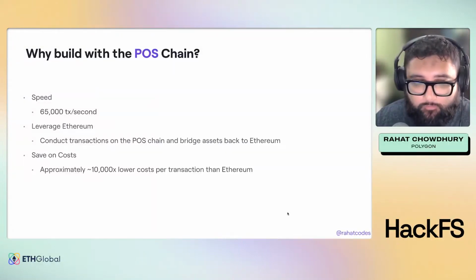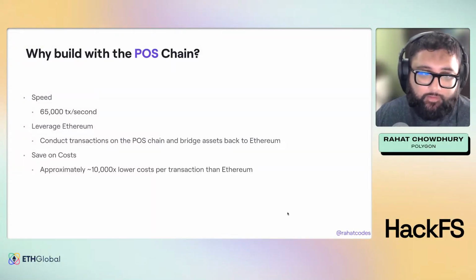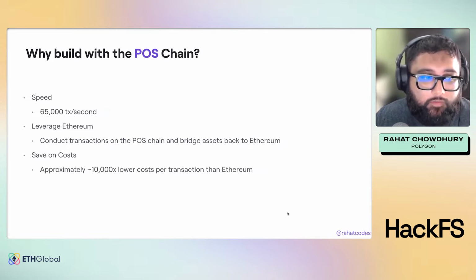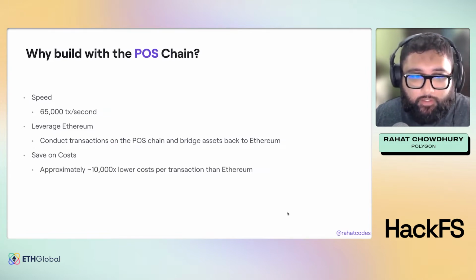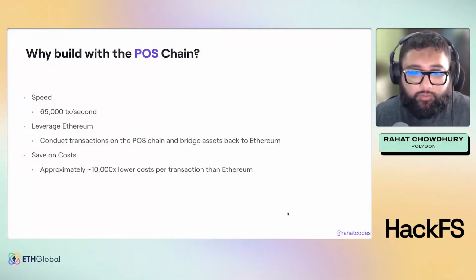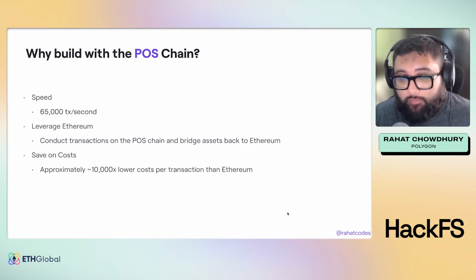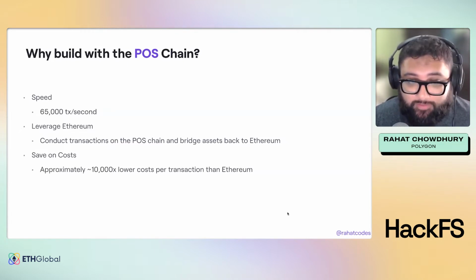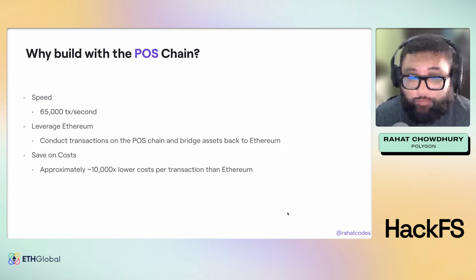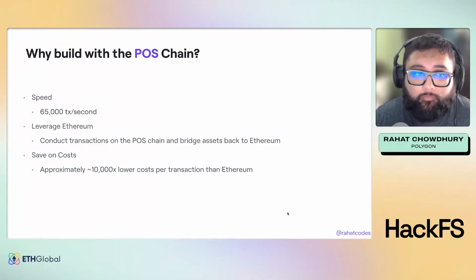Speed is one of the first reasons. 65,000 transactions per second, pretty fast. You still leverage Ethereum at the end of the day. So you can conduct transactions on the proof of stake chain and then bridge assets back and forth to Ethereum. And like I mentioned before, you're saving on costs, approximately 10,000 times lower cost per transaction than Ethereum.